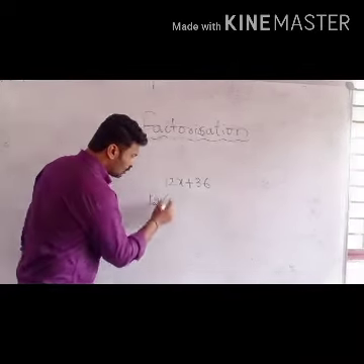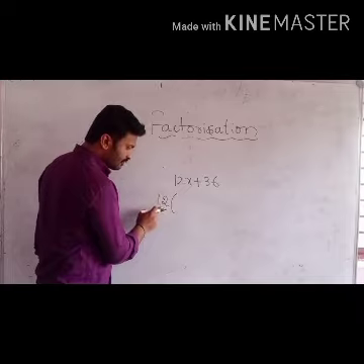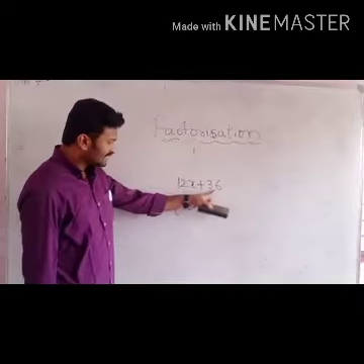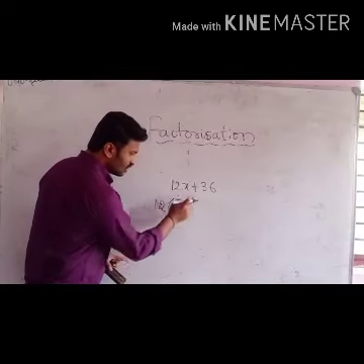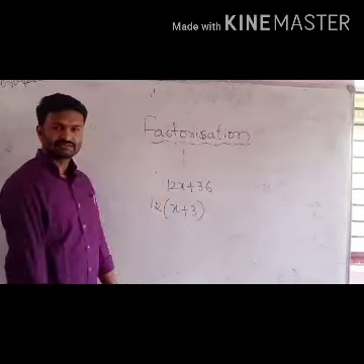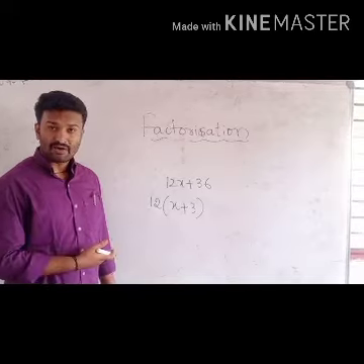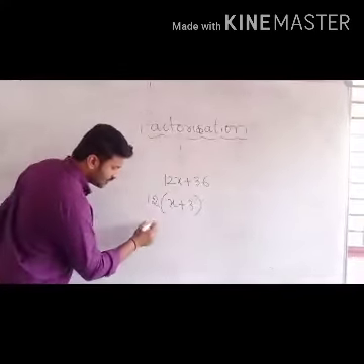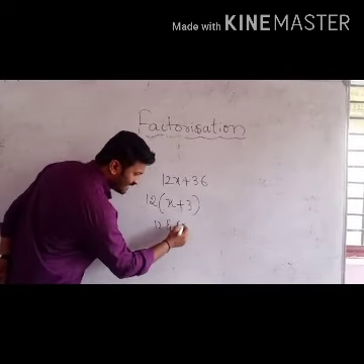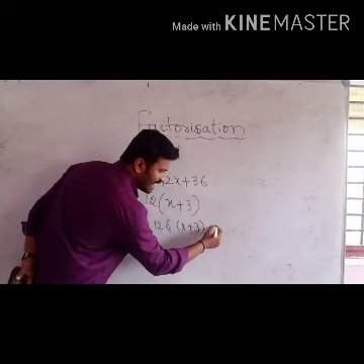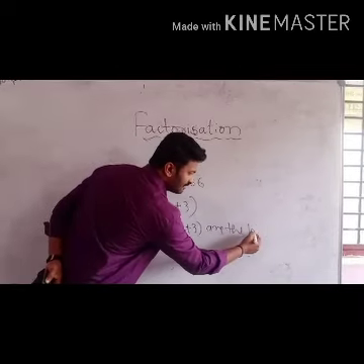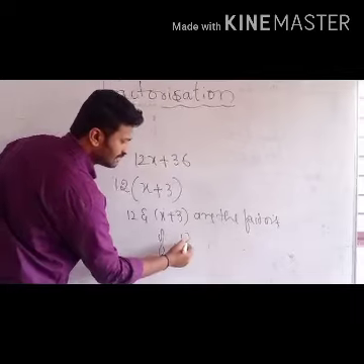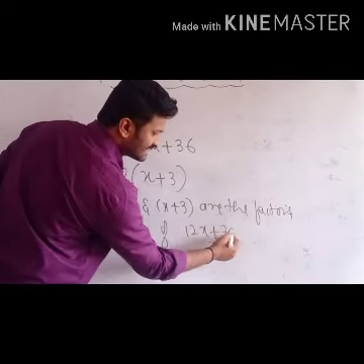What remains? 12 is already common, x remains, and 12 threes are 36. So 12 and x plus 3 are the factors of the same polynomial, 12x plus 36.